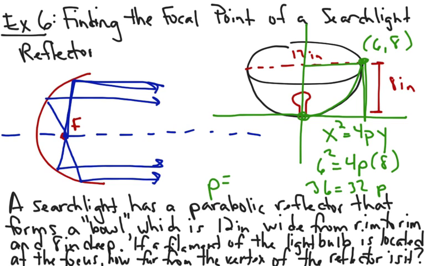So p must be 36 over 32, which reduces to 9 over 8. So if p is 9 over 8, then the focus must be at 0, 9 over 8. So that's how far away the vertex is from the reflector. And that's section 11.1 on parabolas.